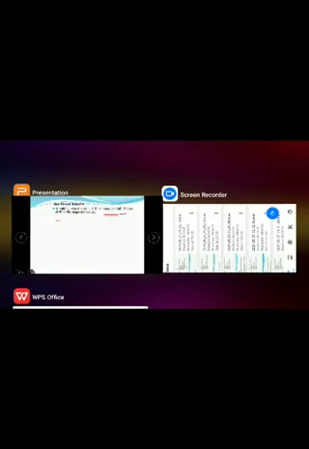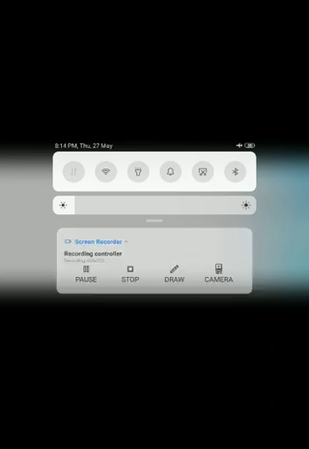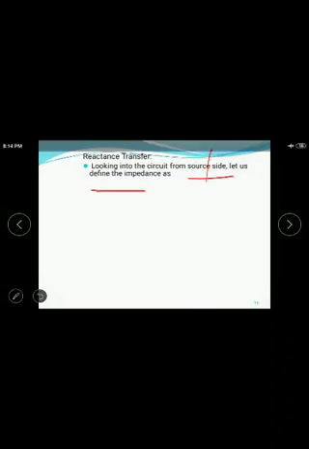The reactance transfer: looking into the circuit from the source side, let us define the primary impedance Zin as V1 by I1.